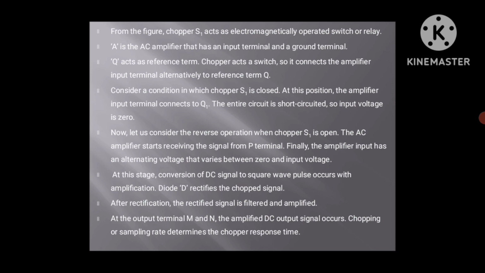After rectification, the rectified signals are filtered and amplified. At the output terminals M and N, the amplified DC output signal is obtained. The chopping or sampling rate determines the chopper response time, which is the time between the input and the output.